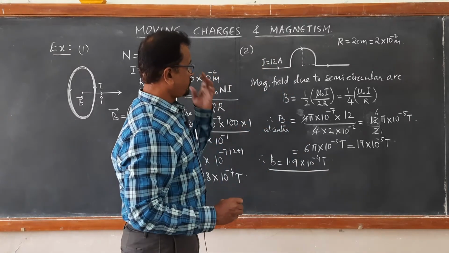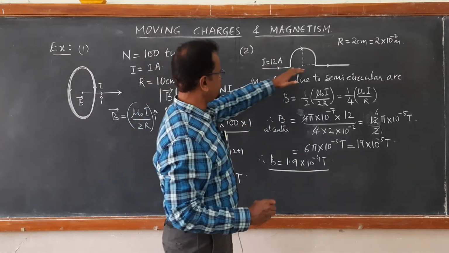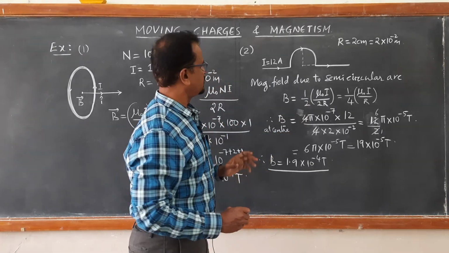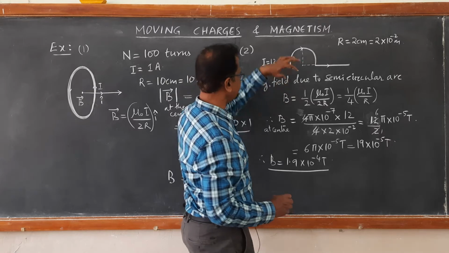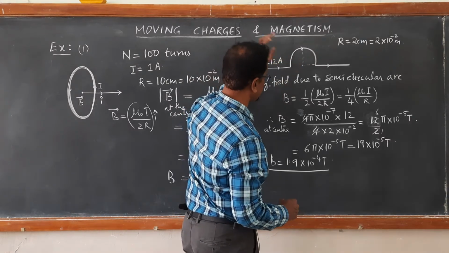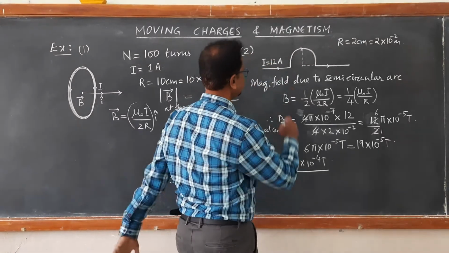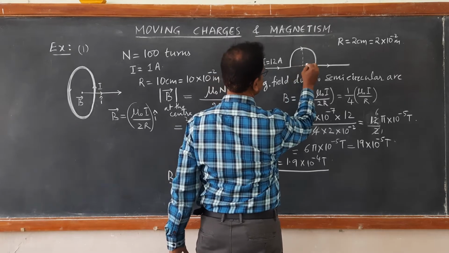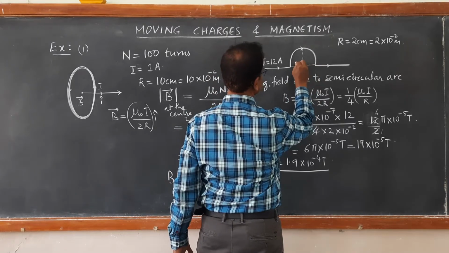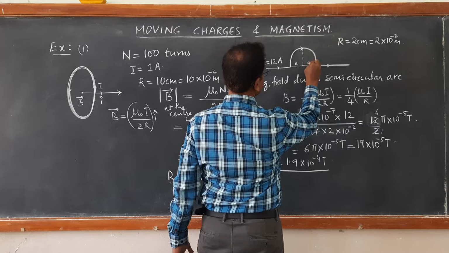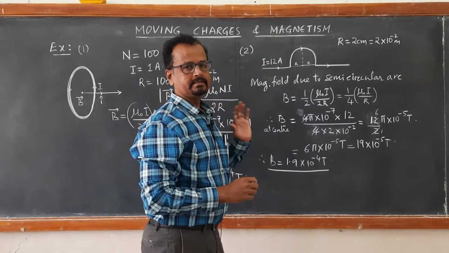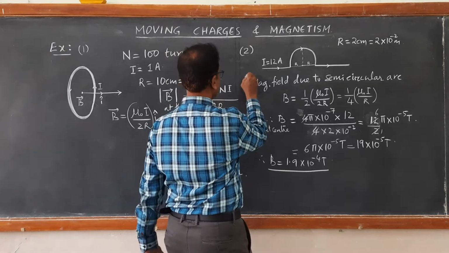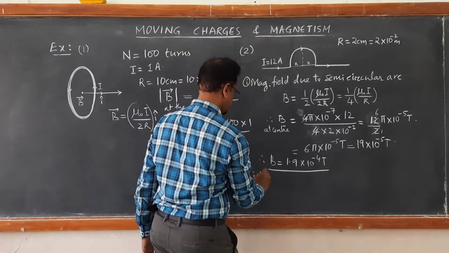Right? Then what is the magnetic field due to the straight line elements, the straight current elements? Magnetic field due to these straight current elements at this point at the center. If you take this radius, you see this radius vector and this current element Idl, they are in the same line. This is the first part. Second part I am writing here.